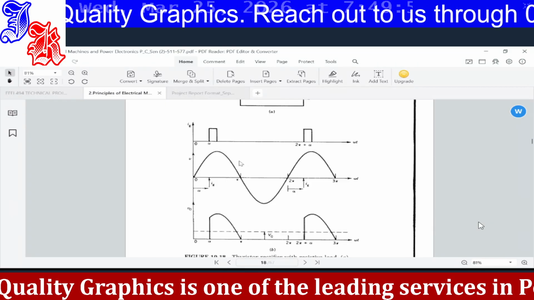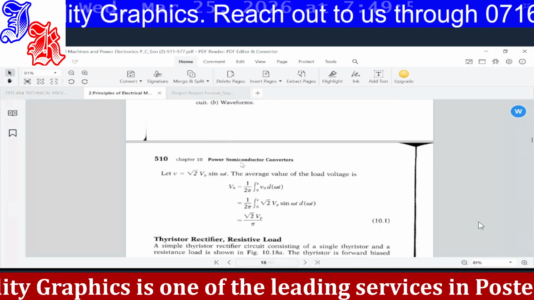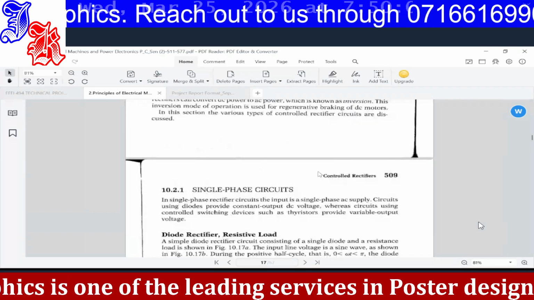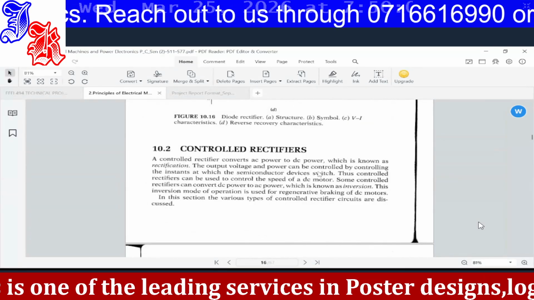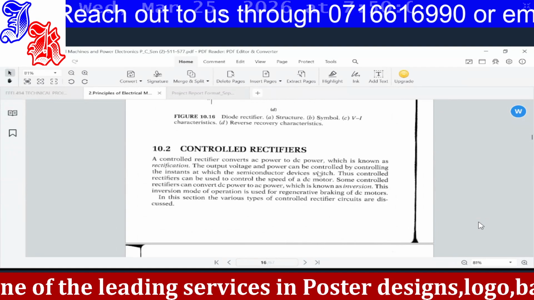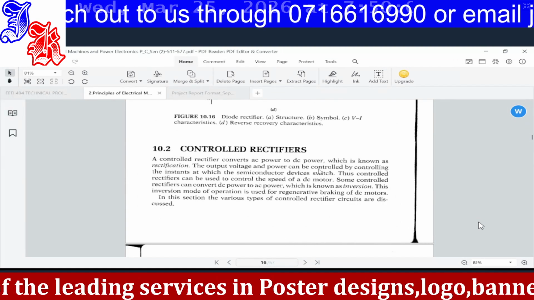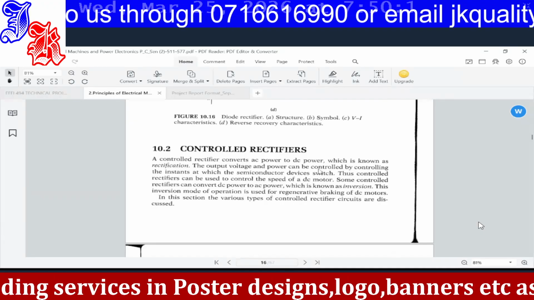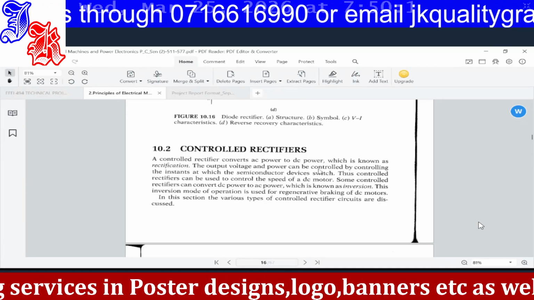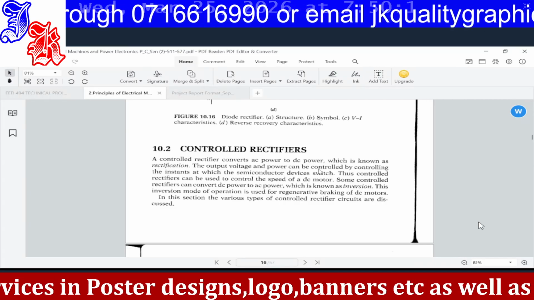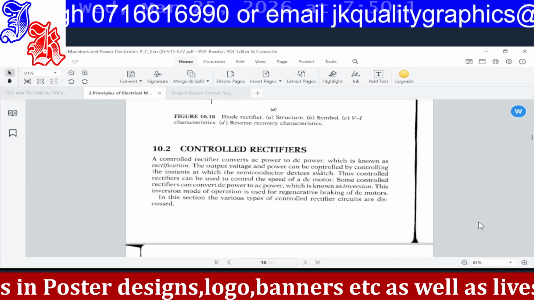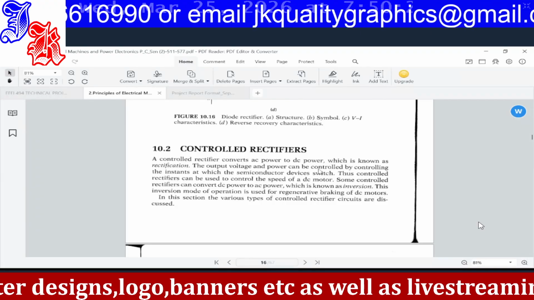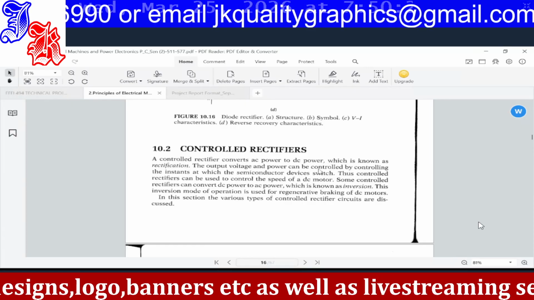So rectifiers that are made from thyristors, we say they are controlled rectifiers, but those made of only diodes, we say they are uncontrolled rectifiers. We also have semi-converters, where we have both diodes and thyristors within a circuit.